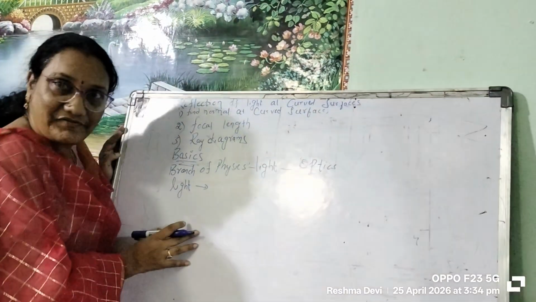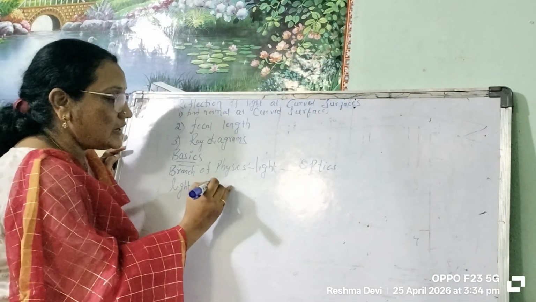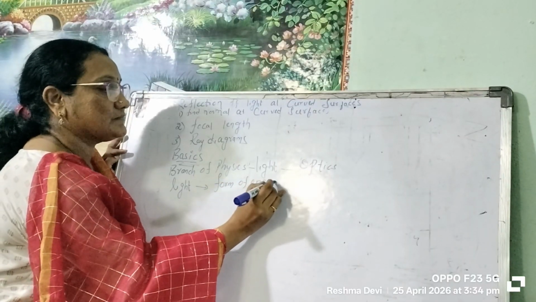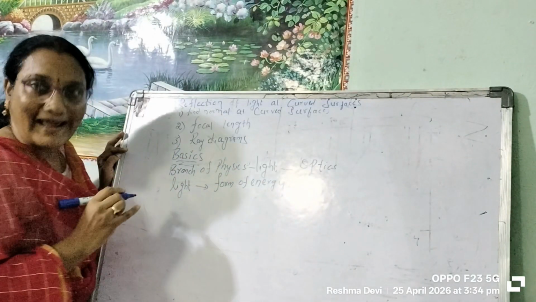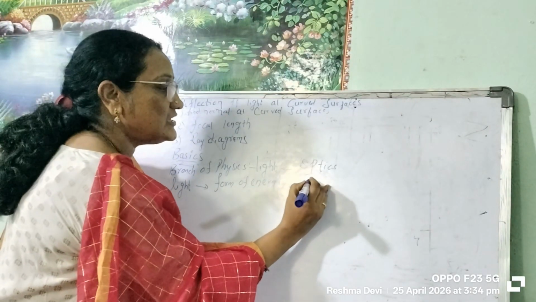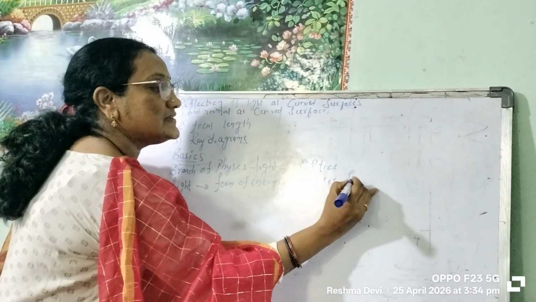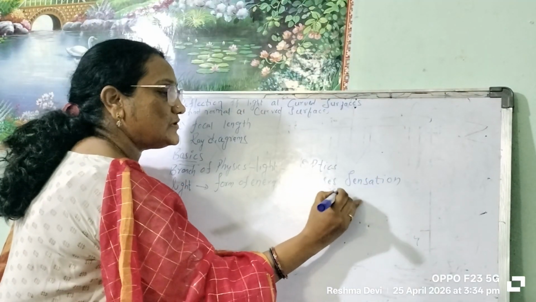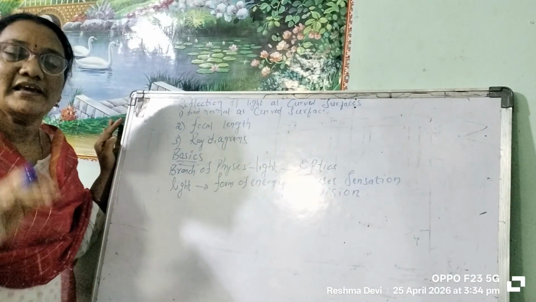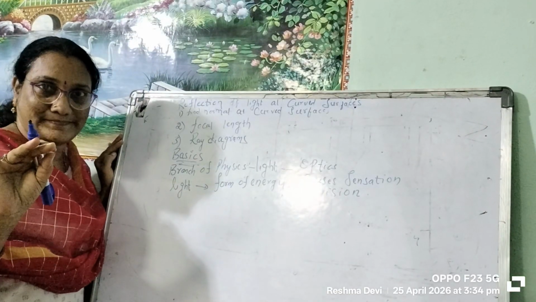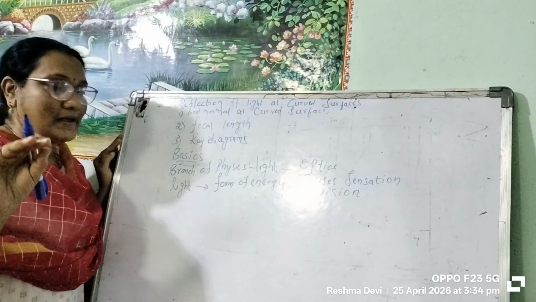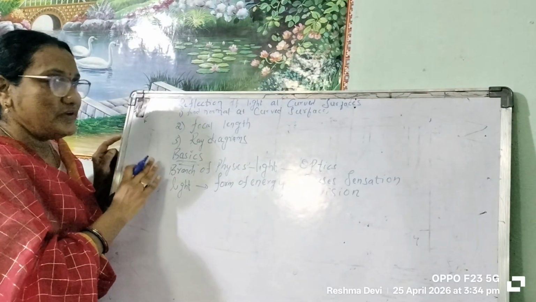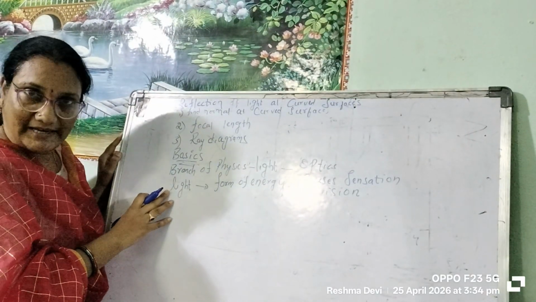Light is a form of energy which causes the sensation of vision. Whatever things we are seeing around us is only due to light. Now we defined optics and we defined light.